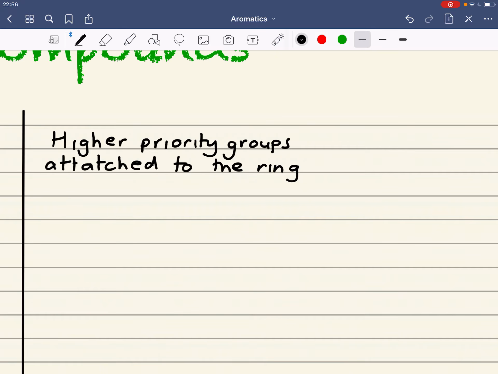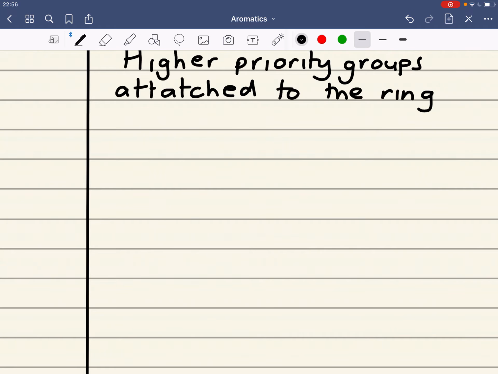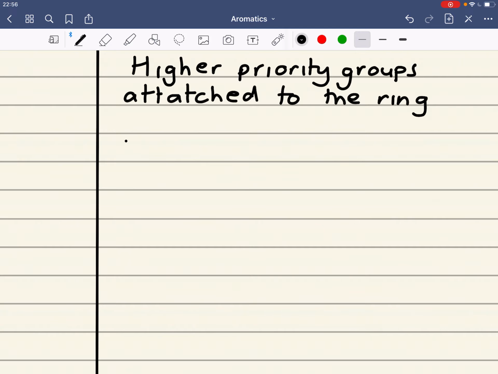Now, again, we'll give some examples. If we've got a higher priority group attached to the ring, now it doesn't have the suffix, it has a prefix, and the prefix now is we treat it basically like an alkyl group, like a methyl and ethyl group. We call it a phenyl group.